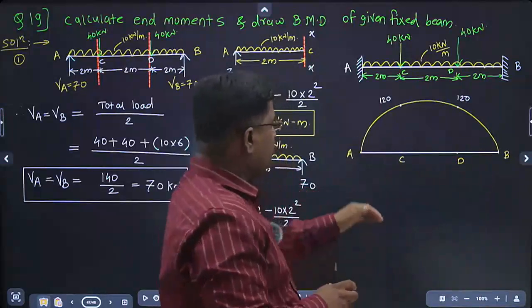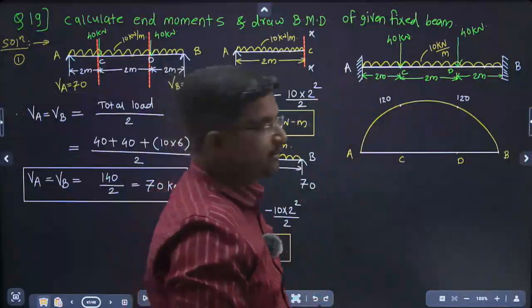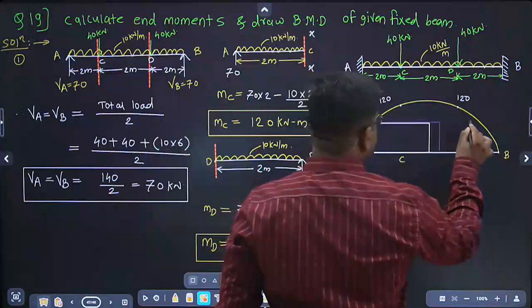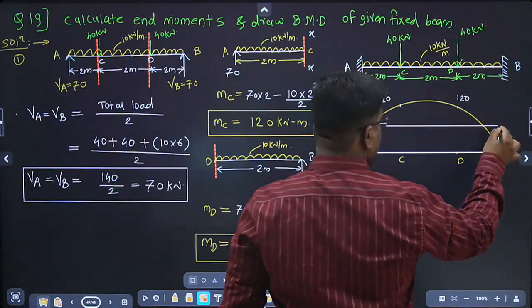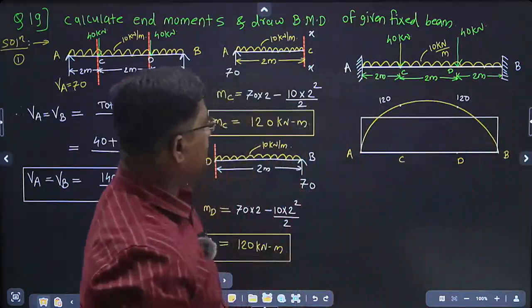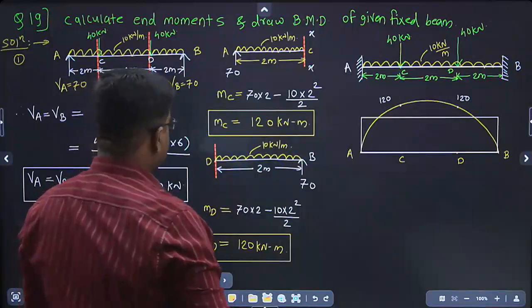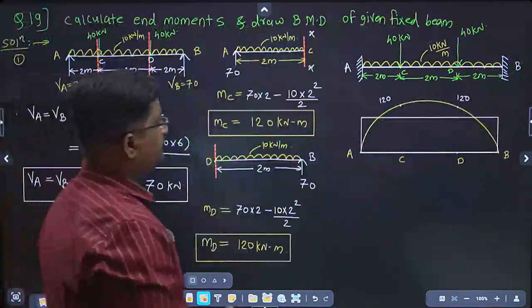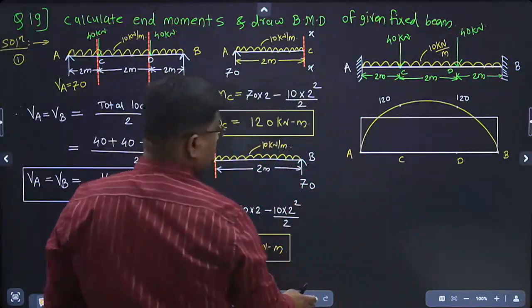That's why we will draw that diagram above the baseline. Simple, that we have already discussed. So minus 83.33 means you will get a rectangle like this, and this value is minus 83.33. I will show it by a different color. Just wait.